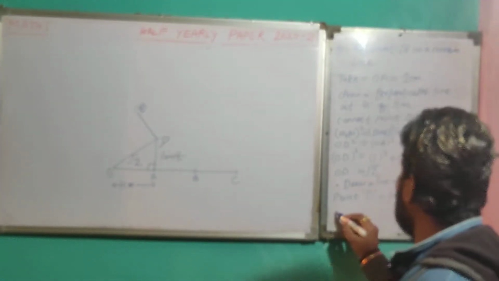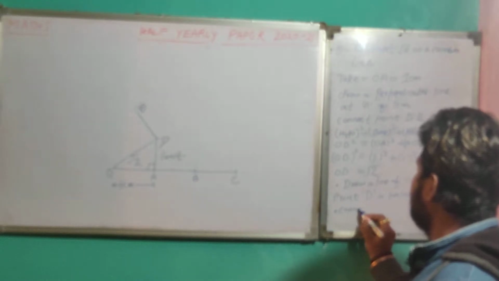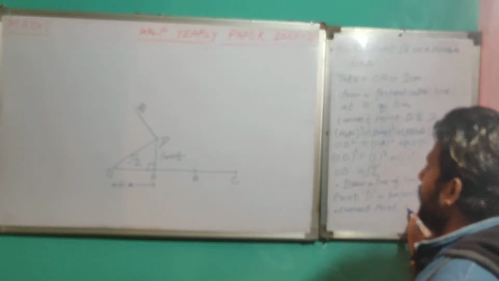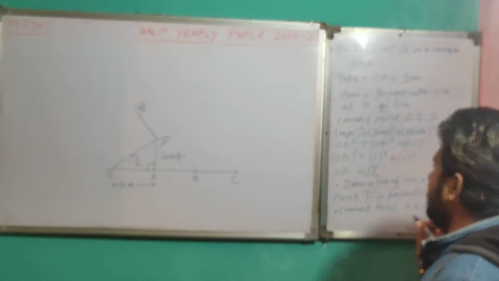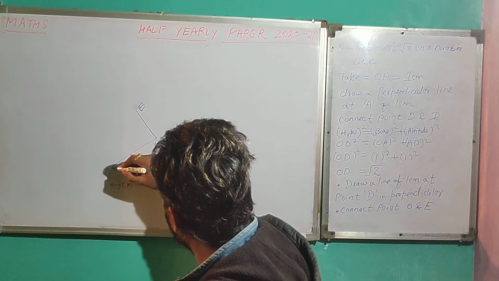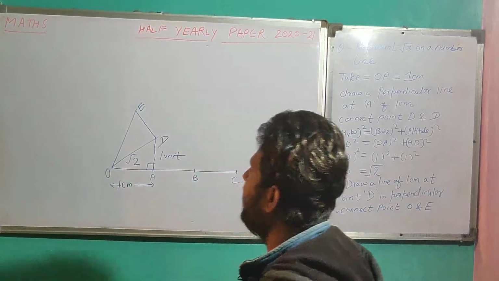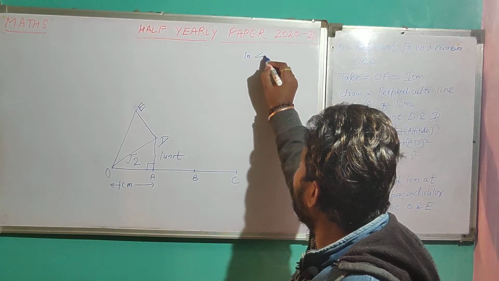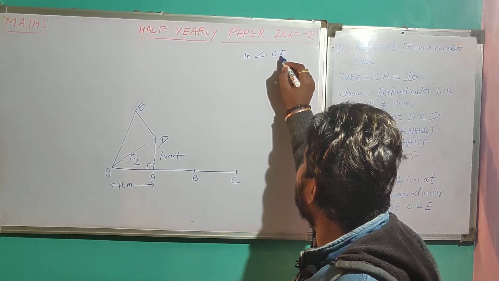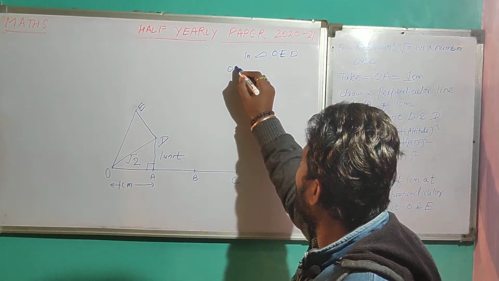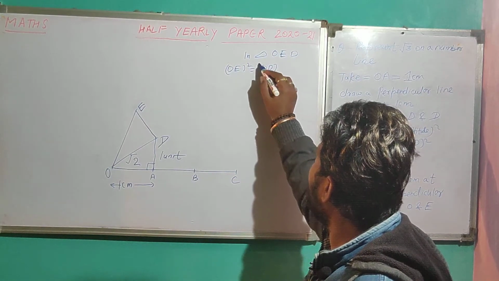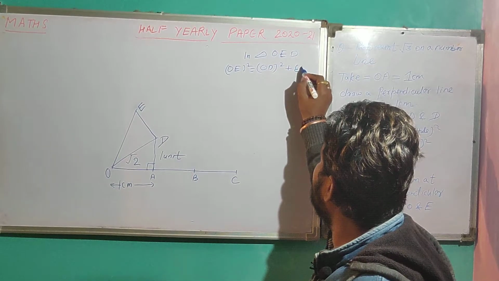Now connect point O and E. Now, in triangle OED, OE square is equal to OD square plus ED square.